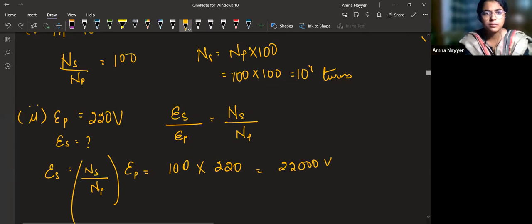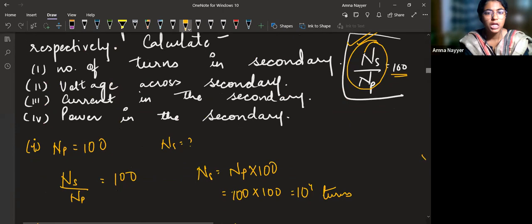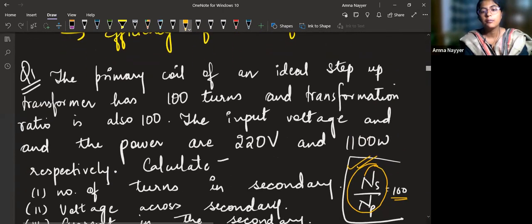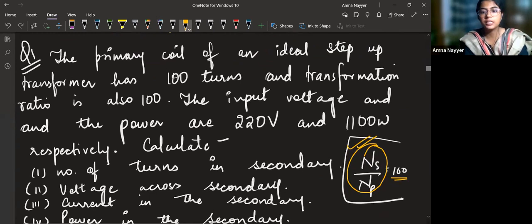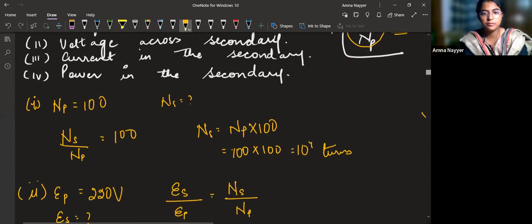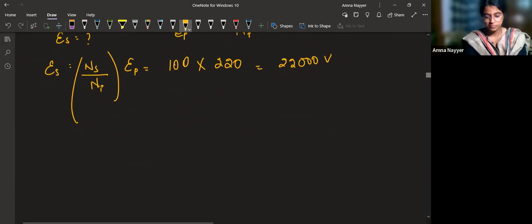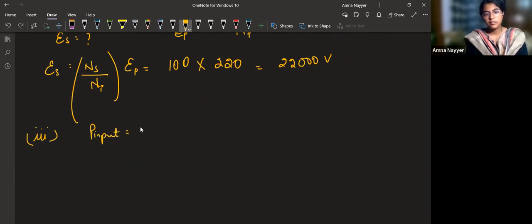Next part was what? Current in the secondary coil. Power input is given as 1100 watt. Power input means voltage in primary into current in the primary.